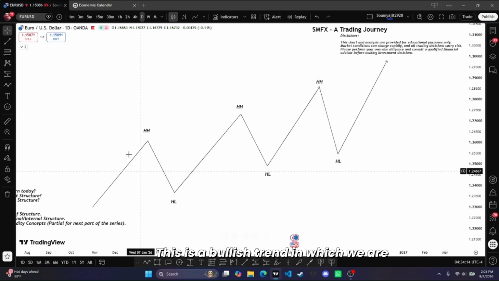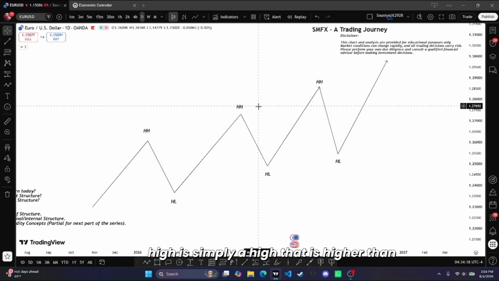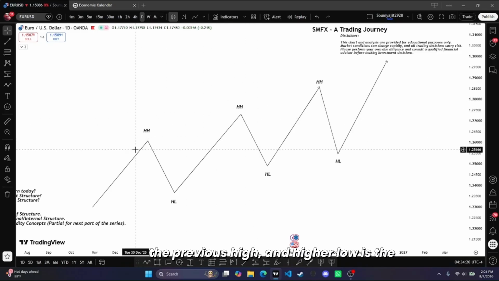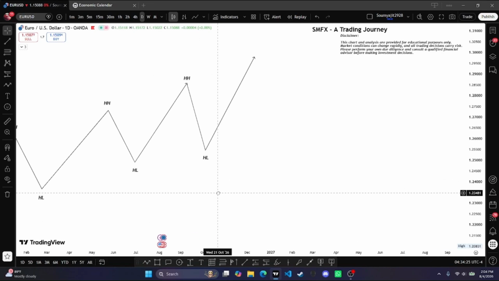This is a bullish trend in which we are making higher high and higher low. Higher high is simply a high that is higher than the previous high, and higher low is the low that is higher than the previous low.